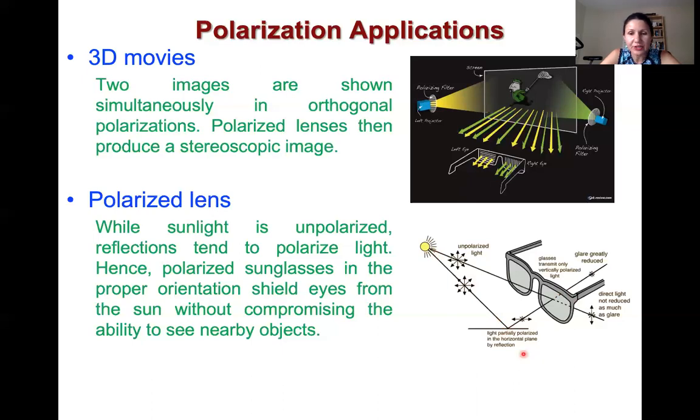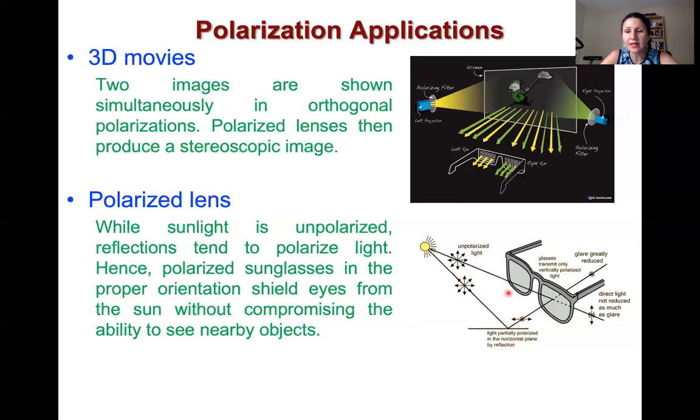So the reflection itself polarizes light, and that's what causes glare. Very often when you look at something like water, you get this glare. This polarization is always in the direction horizontal to the surface. So you see this little image of unpolarized light coming to the surface, reflecting, and only this horizontal polarization comes out.